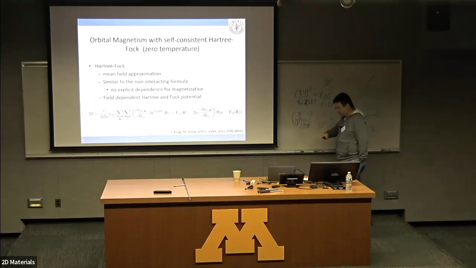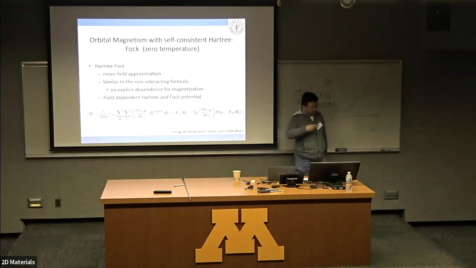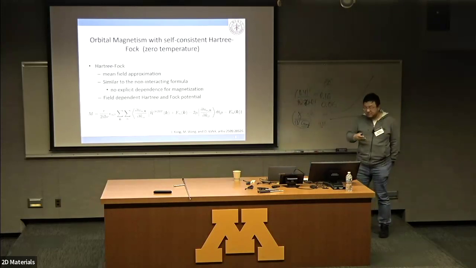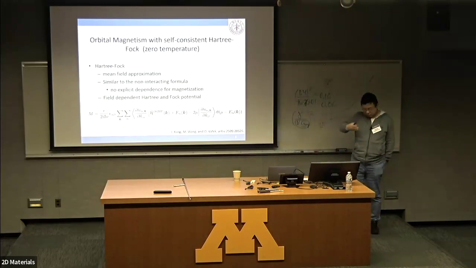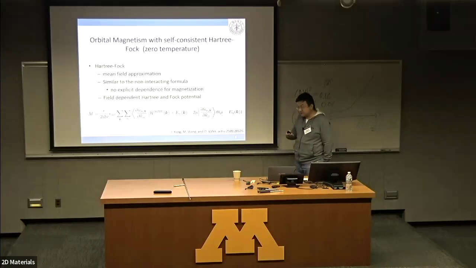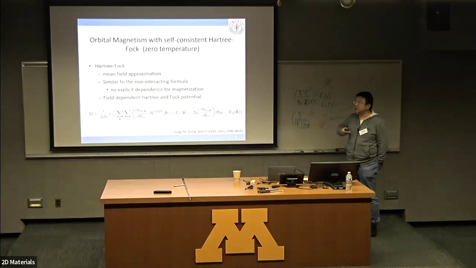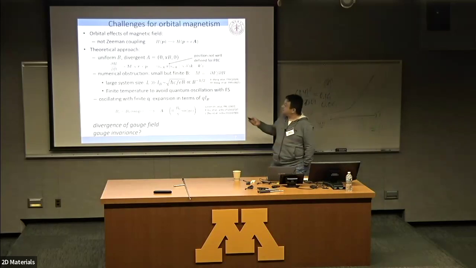Before presenting the formula and the method to derive it, I want to spend several minutes giving you some idea of why orbital magnetization, or orbital magnetism, is very hard to investigate. First, what do we mean by orbital magnetism?